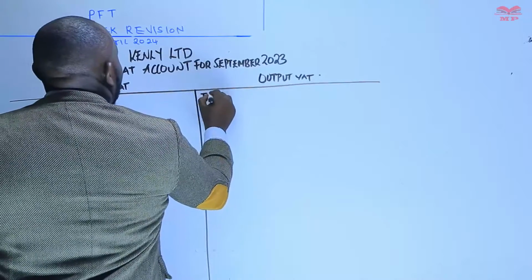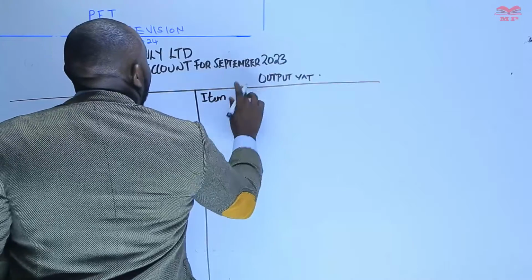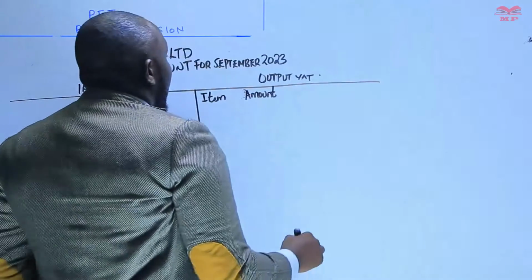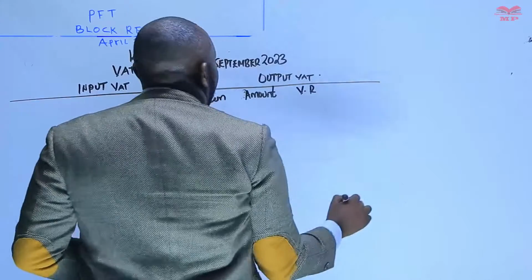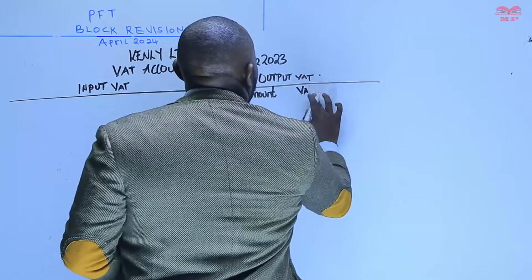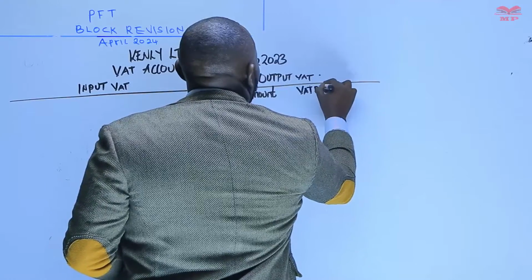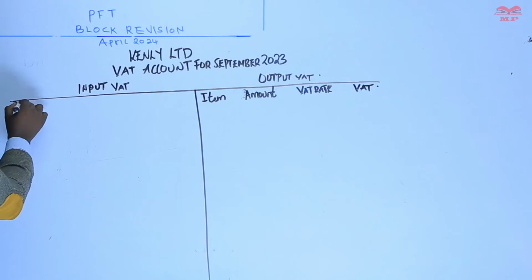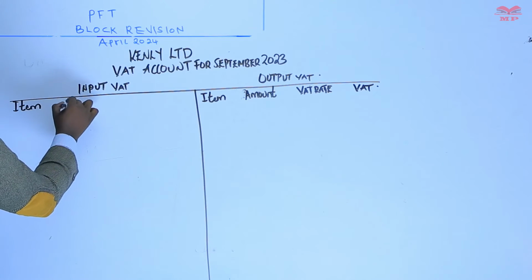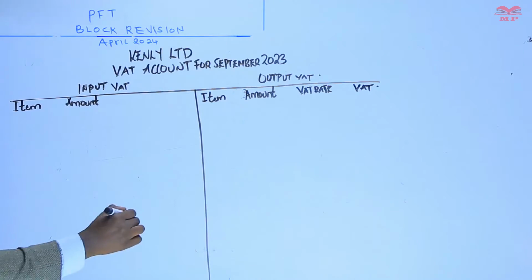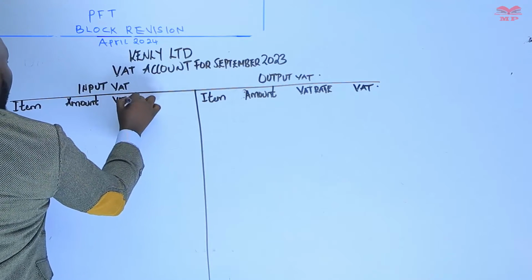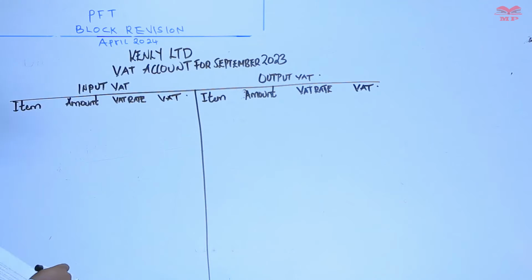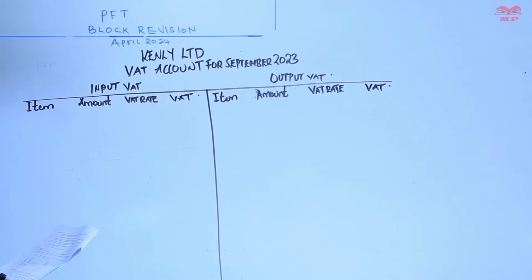So we have item, we have amount, the VAT rate, and then we have the VAT.